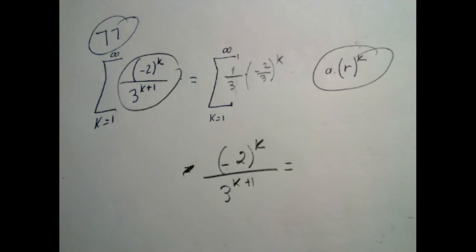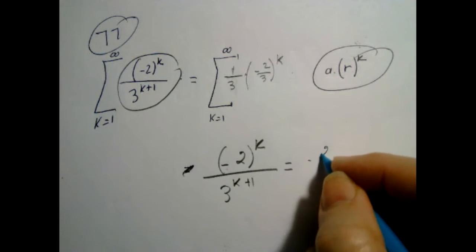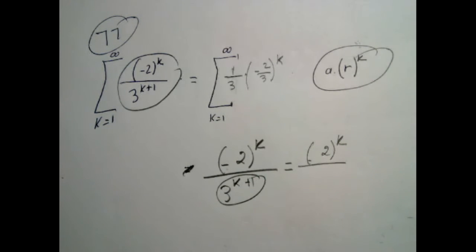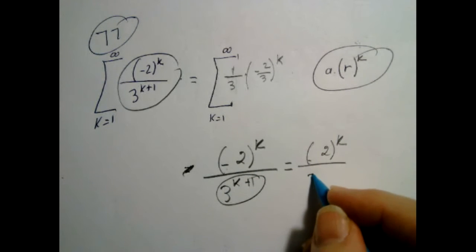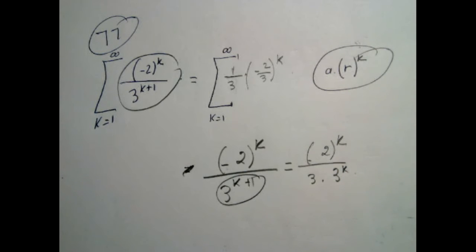So his idea is he wants to write everything to the power k. So what he did was the following: minus 2 to the k over 3 to the k plus 1. How did he split it? 3 times 3 to the k, because 3 to the k plus 1 is 3 times 3 to the k. You add the power.